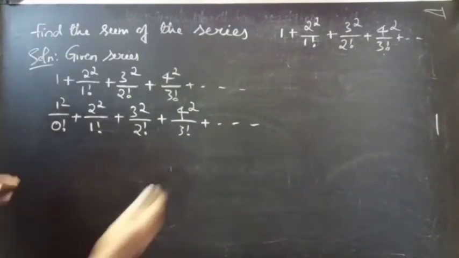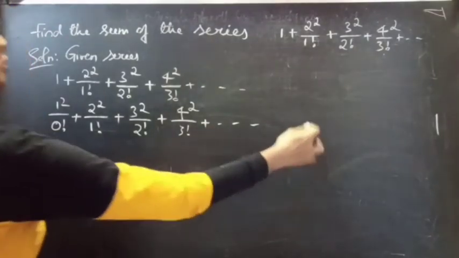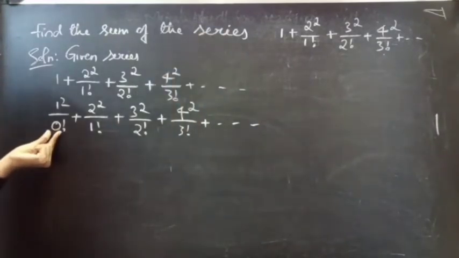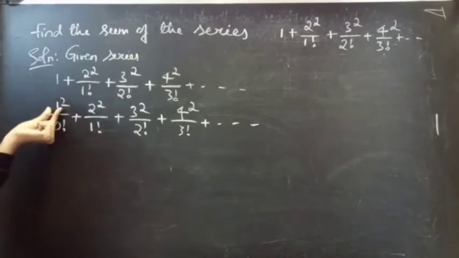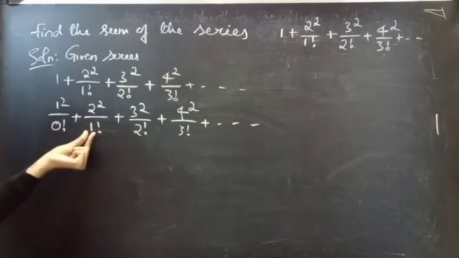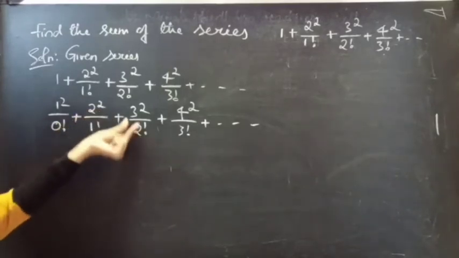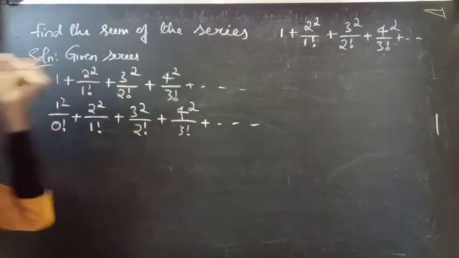Here you have plus so on. We don't know where it ends. The number in the denominator, 0, is less than the number in the numerator, 1. Here also the number in the denominator is less than the number in the numerator: 2 is less than 3, 3 is less than 4.